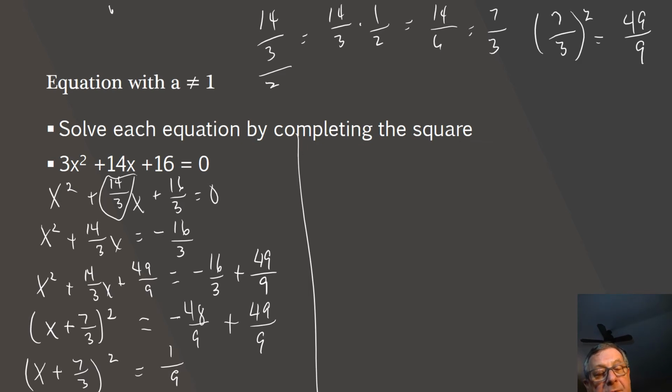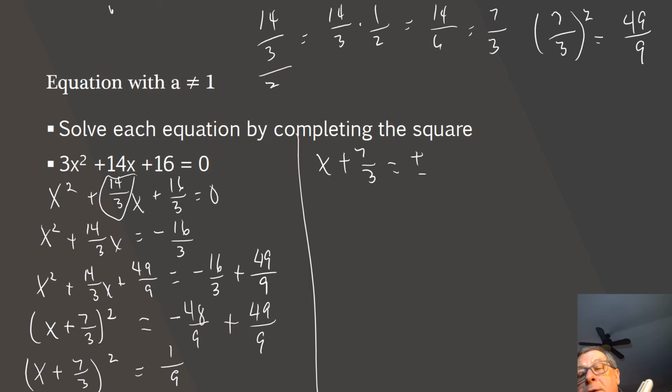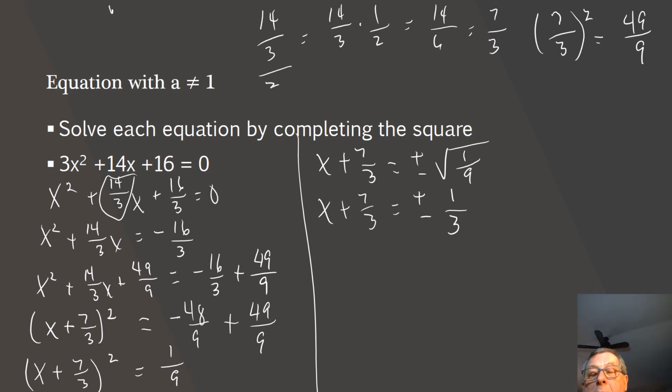And on the left side, the square root of x plus 7/3 squared is going to just result in x plus 7/3 equals plus or minus the square root of 1/9. Well, let's see. In the numerator, the square root of 1 is 1. And for the denominator, the square root of 9 is 3. So we got x plus 7/3 equals plus or minus 1/3. Square root of 1/9 is 1/3.